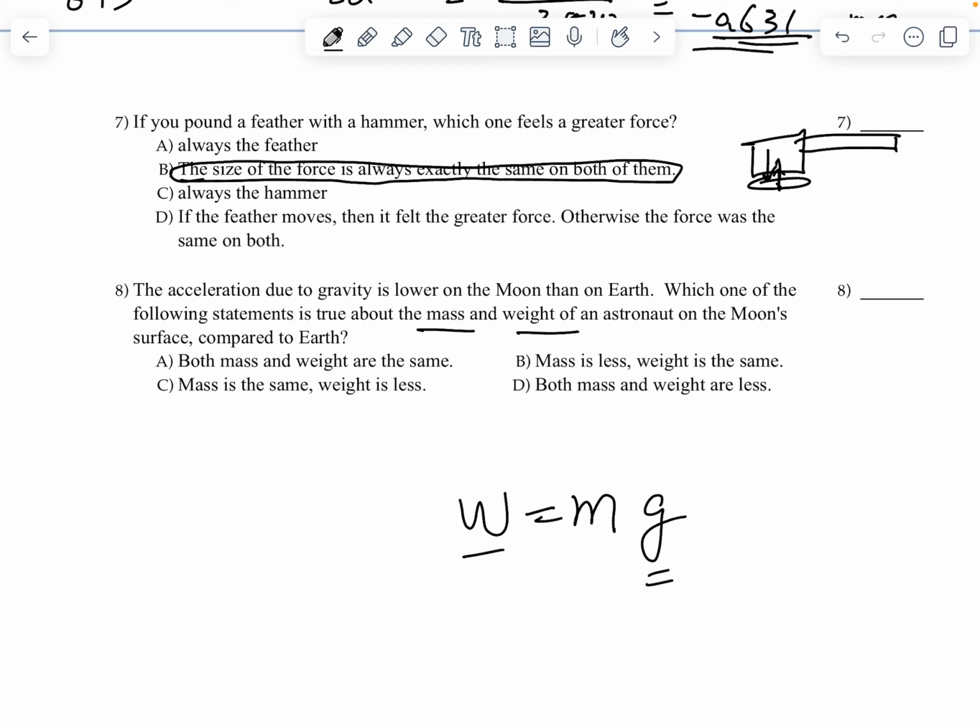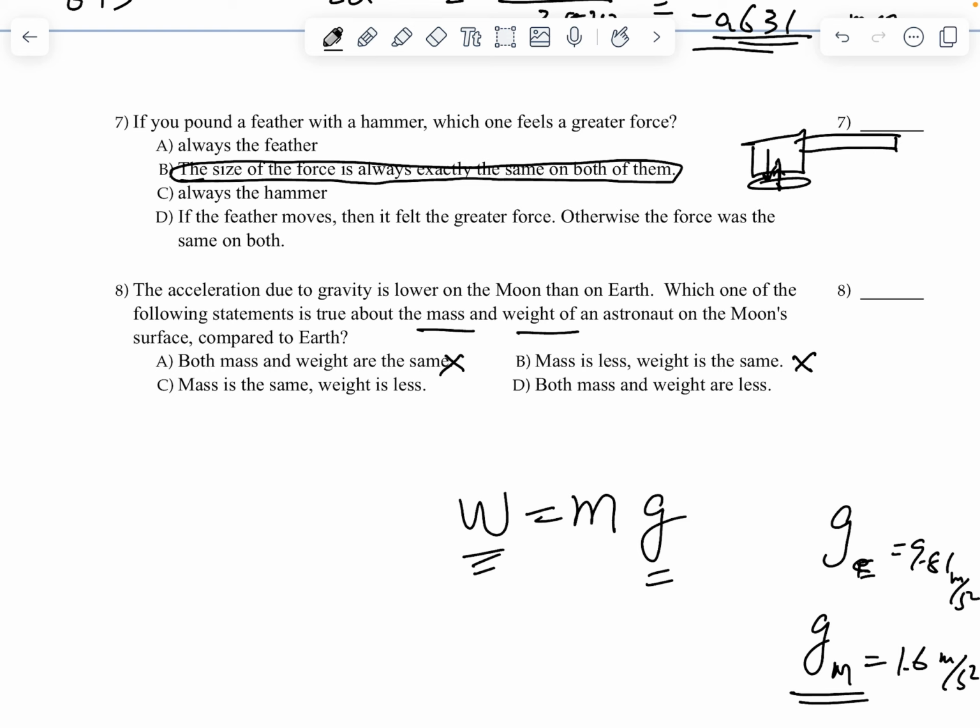So if g is different, weight will be different. g Earth equals 9.81 meters per second squared, and g moon equals 1.6 meters per second squared, so on the moon gravitational acceleration is smaller than on Earth.